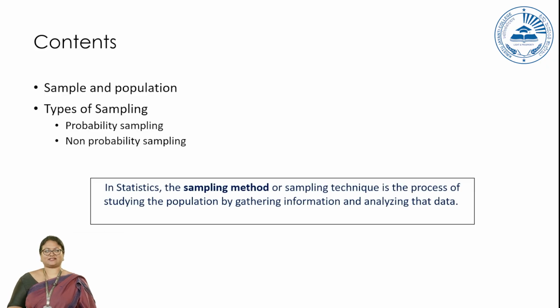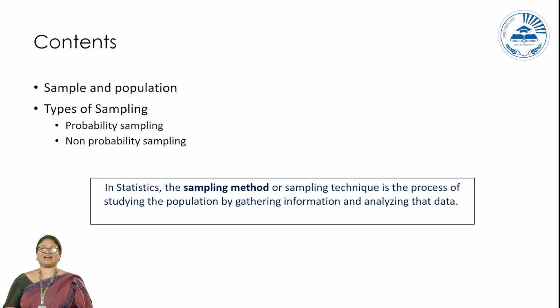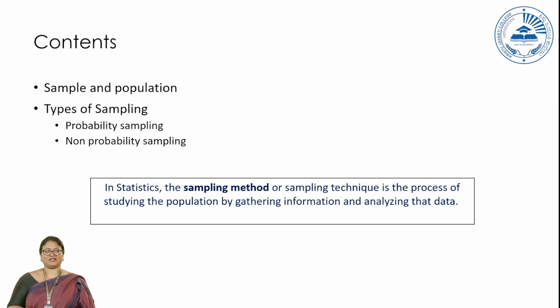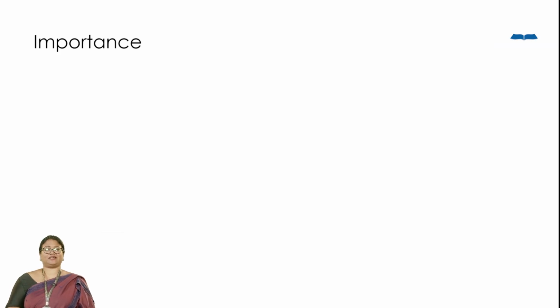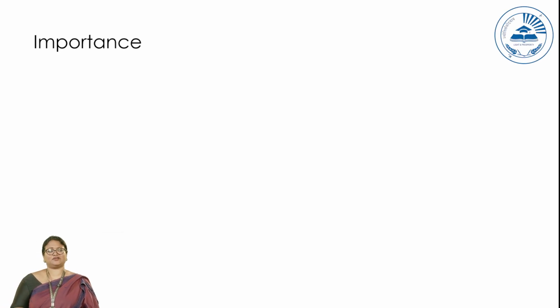So in statistics, the sampling method or technique is the process of studying the population by gathering information and analyzing that data. So now let's find out what is this sample and what is this population. Before you look into it, you need to identify and understand the importance of doing sampling in our research.